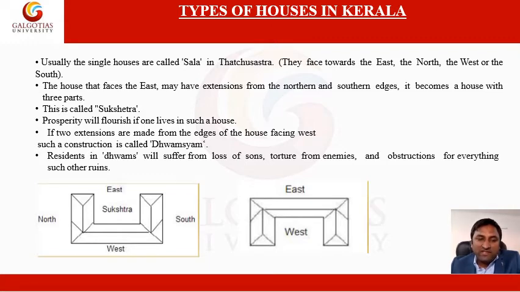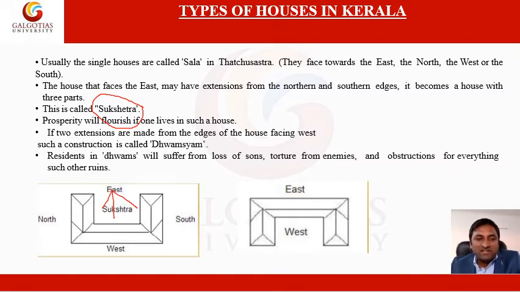So if they have an east side opening, and north, west, and south side walls, then this is called Sushetra. Normally, people prefer this type of orientation in their houses, and it was believed that prosperity will flourish in these houses.